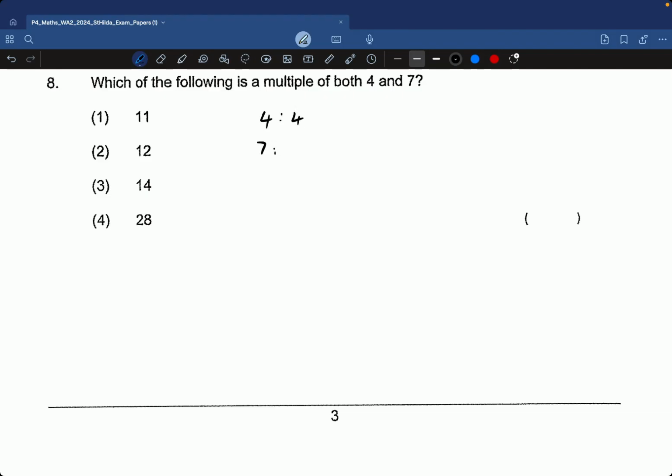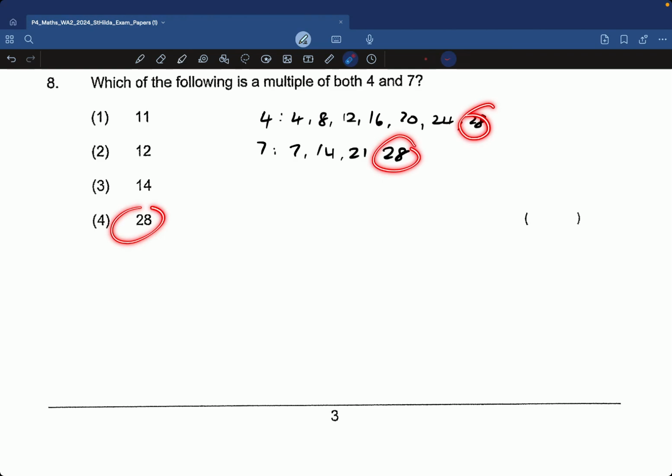So you go 4, 8, 12, 16, 20, 24, right? And then 28, then 7 is 7, 14, 21, 28. And then you could see that 28 over here is a multiple of both 4 and 7. So that means the answer is number 4, 28.